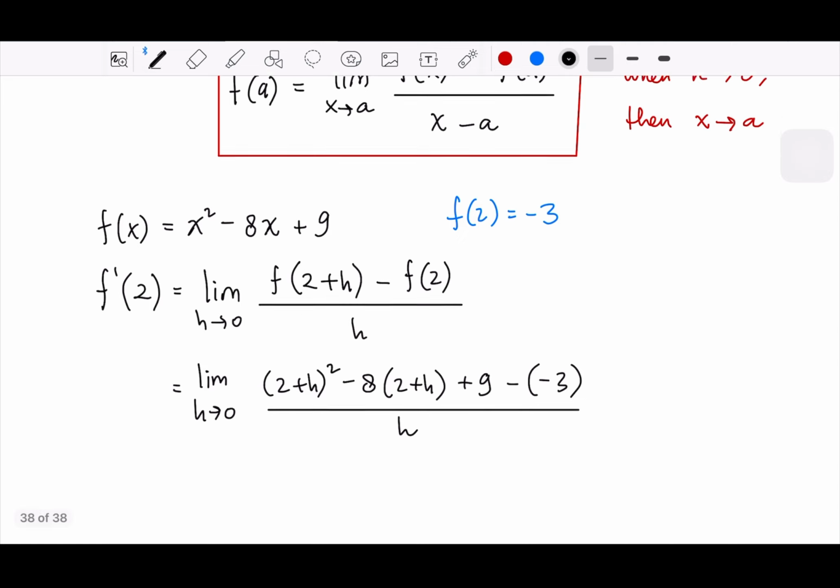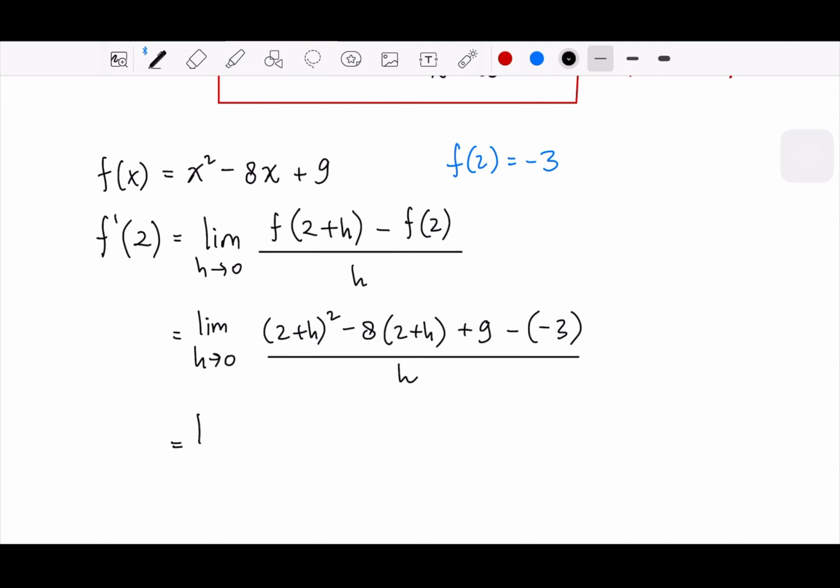Okay, still, let me give another line. This will be 4 plus 4h plus h squared minus 16 minus 8h plus 12.